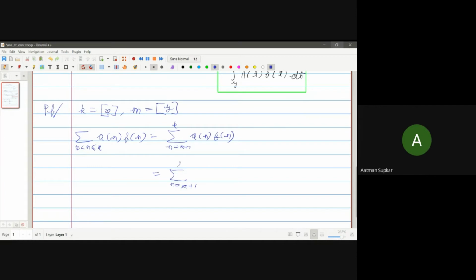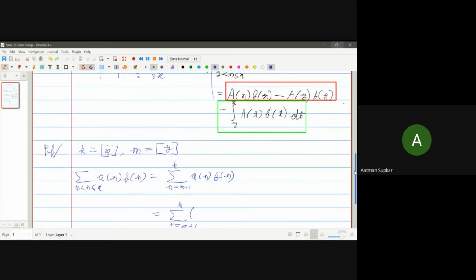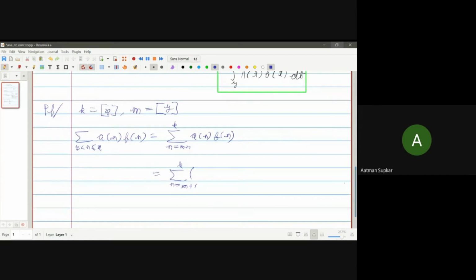Okay. a n can be written as, see, our final expression does not have a small a. I want to introduce a capital A. Capital A of n minus capital A of n minus 1, times f n.